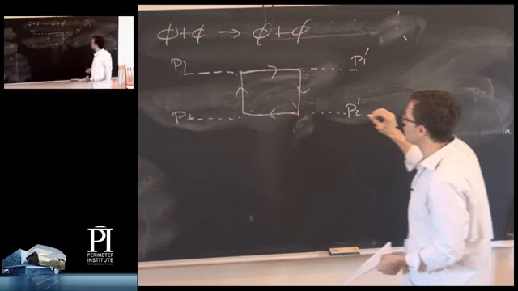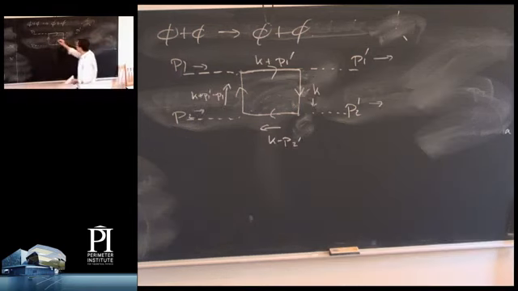To write down the amplitude for this, I can just use the Feynman rules again. But I have to be a little more careful. Remember, this momentum is coming in, and this momentum is coming out. And then I'm going to have to pick an arbitrary momentum on one of these sides. So let me just pick this side. So let me say there's a momentum k running here, but then I've got delta functions at each of the places.